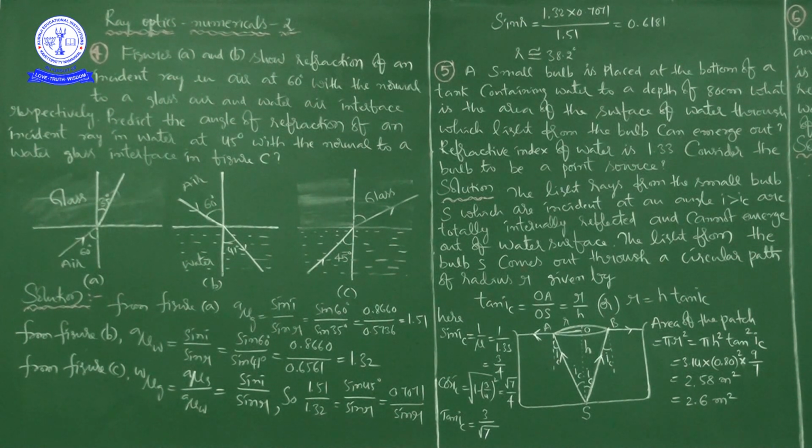Now from figure C, the same procedure. Observe here W mu G: the light is coming from the water medium and entering the glass medium. At the point of separation of both media, it bends away from the normal.